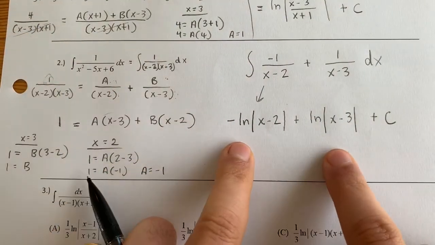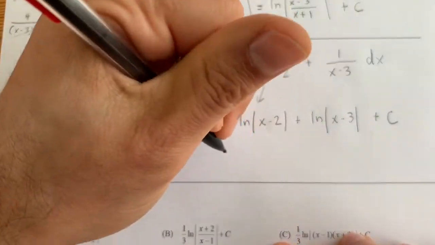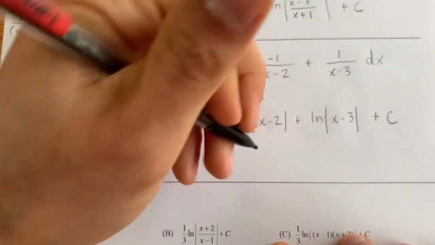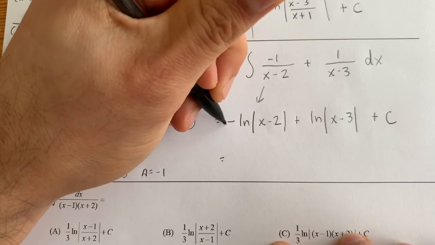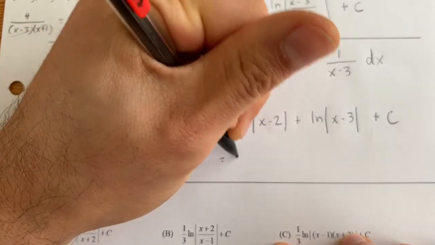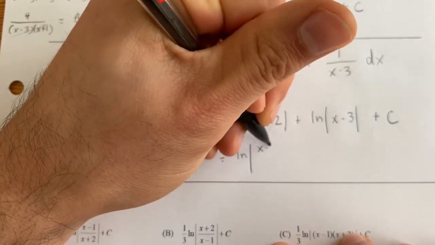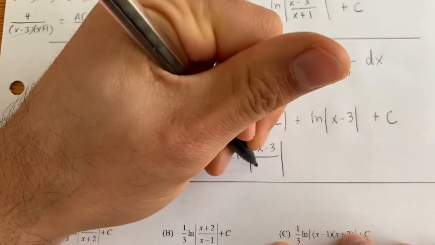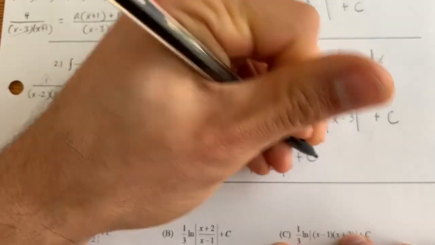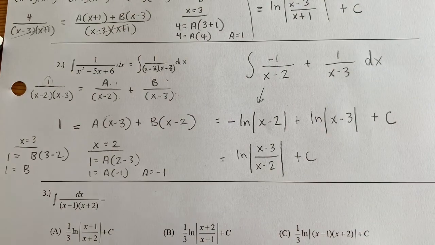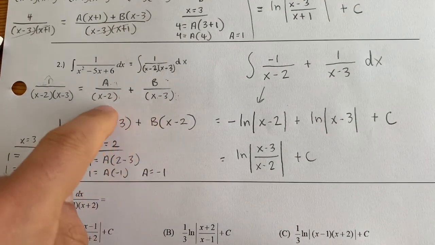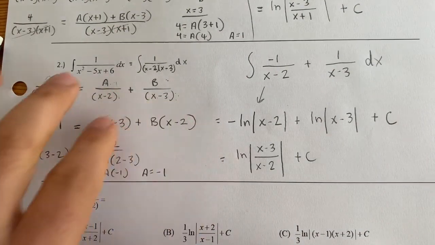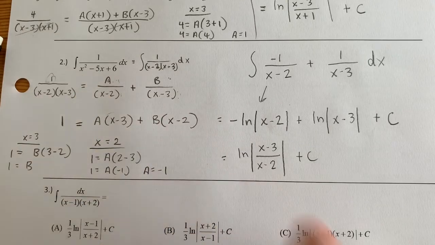Then we can write them as 1 unit because of our properties of logs. Since this one has the negative, that goes to the denominator. Like so. And again, if you had switched the order of these, like put the x minus 3 here and the x minus 2 there, it would all mathematically come out to be the same thing. So you don't have to worry about that.